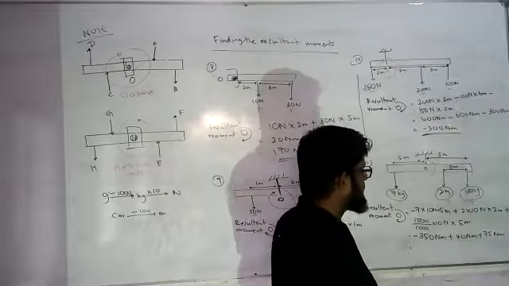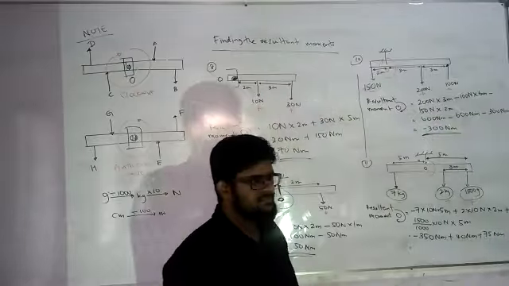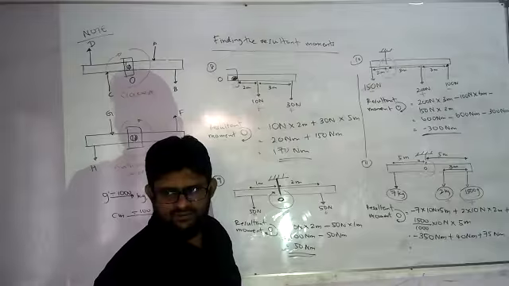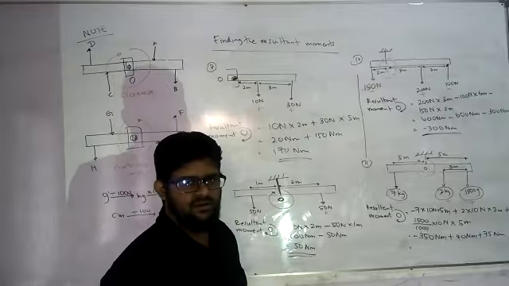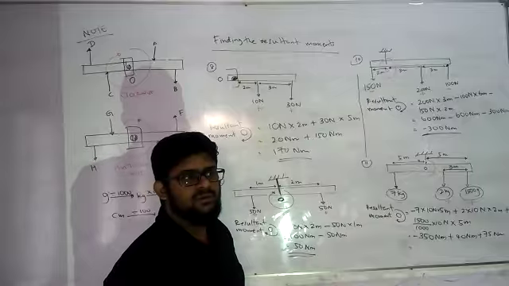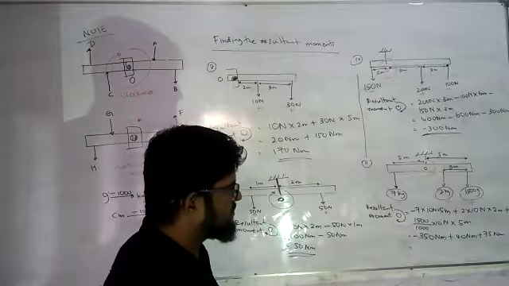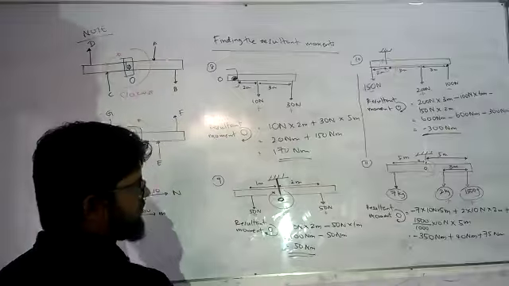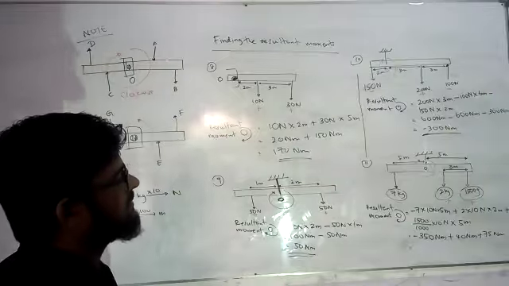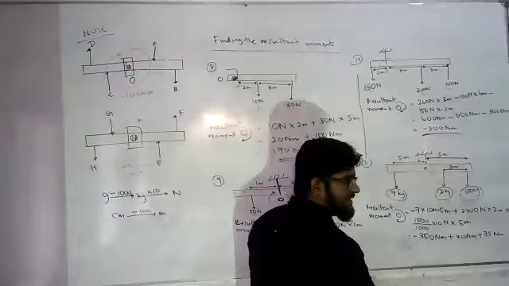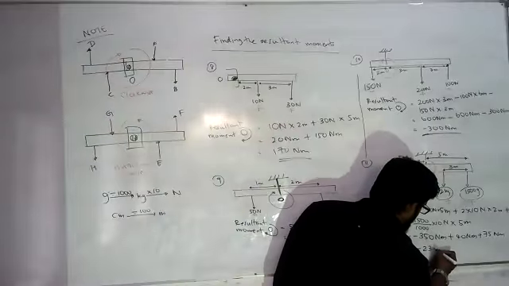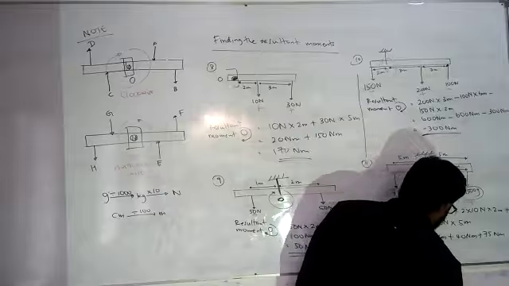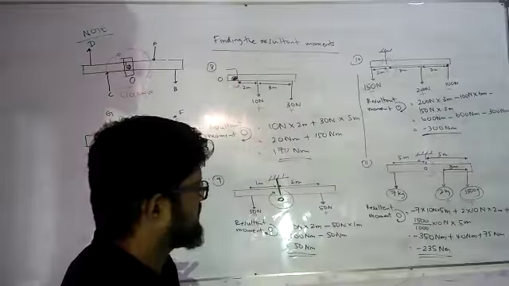So 40 plus 75, 115. What is the remaining? 235, is that so? 235, right? Yes, 235. And it has to be minus. Check if it is correct.